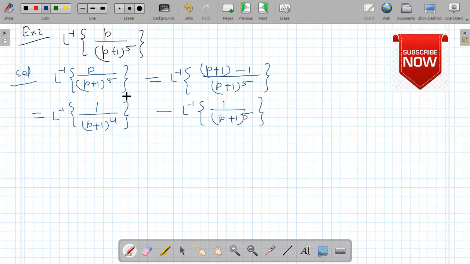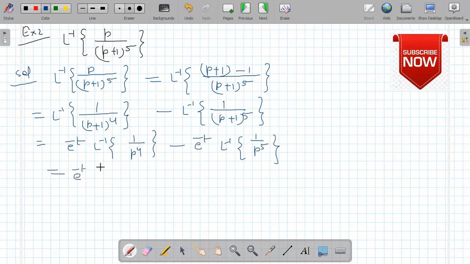Now it is very simple to find the Laplace inverse of these two expressions. It is e raised power minus t into Laplace inverse of 1 upon p raised power 4 minus e raised power minus t into Laplace inverse of 1 upon p raised power 5.